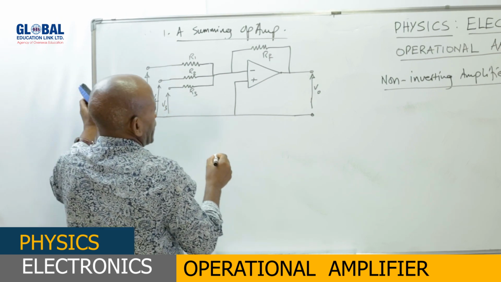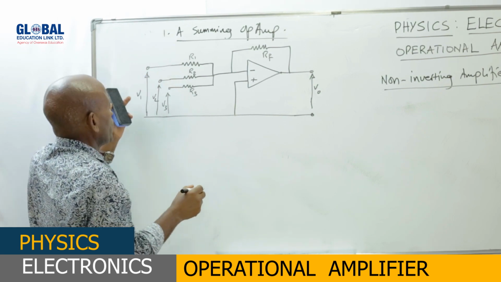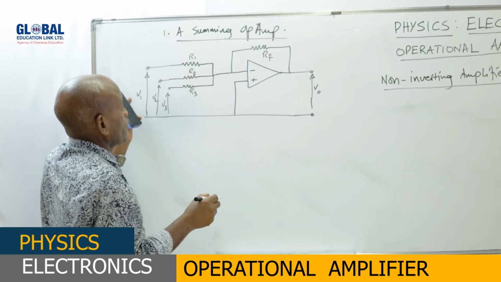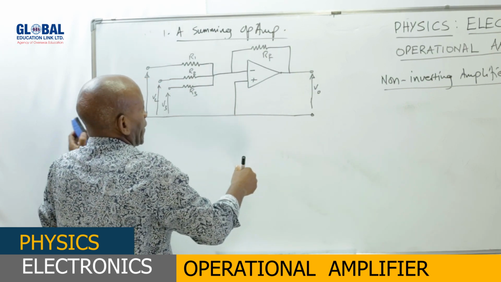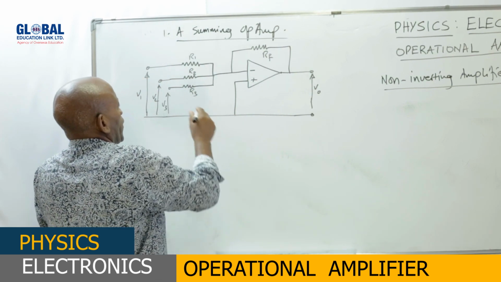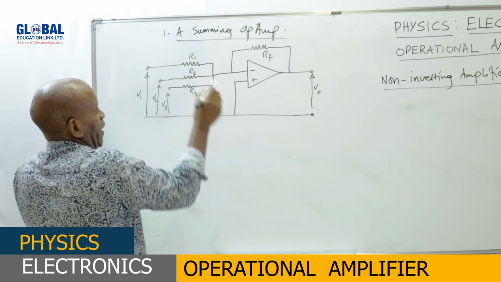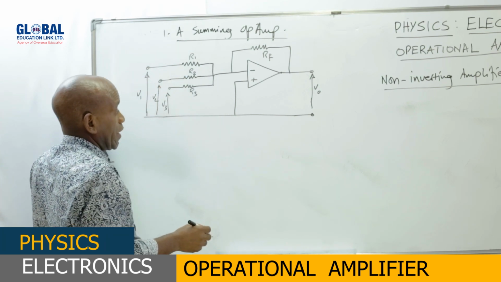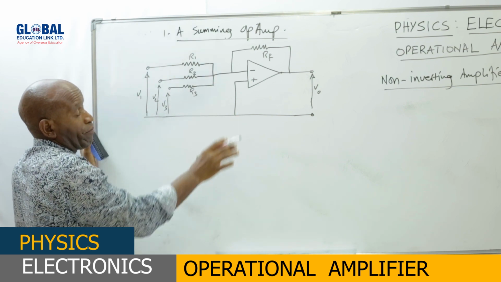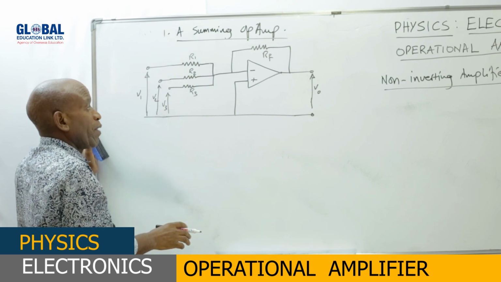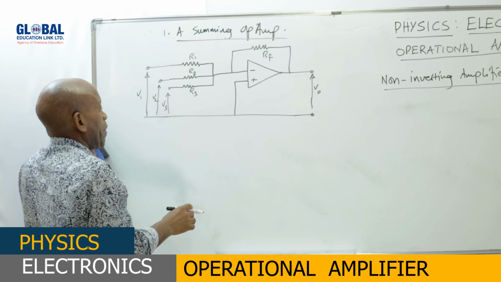So that we are looking at the addition of these three voltages, V1, V2, and V3, to the output terminal here. Whenever we have this kind of circuitry, the operational amplifier is being used as a summing operational amplifier.